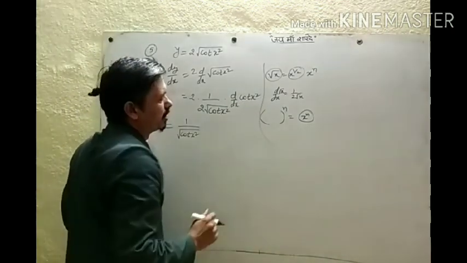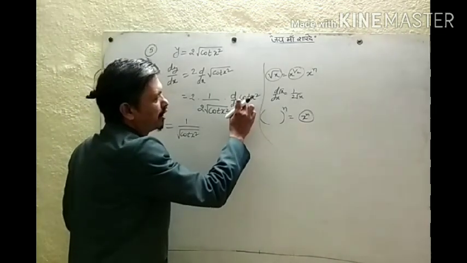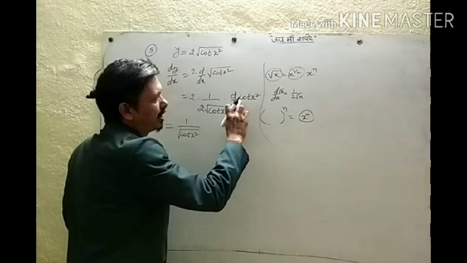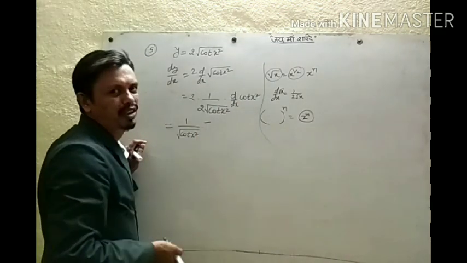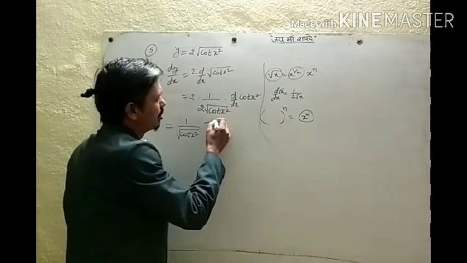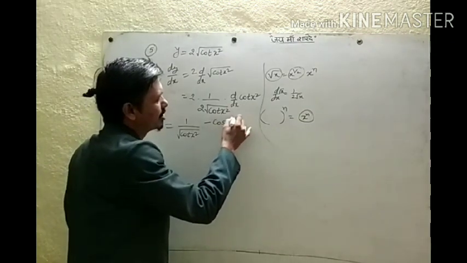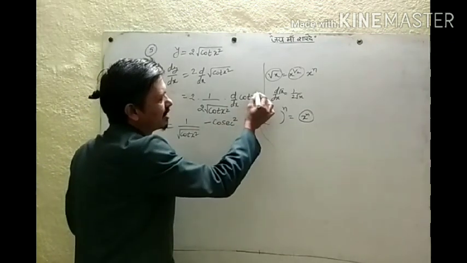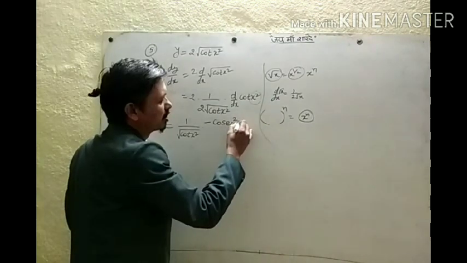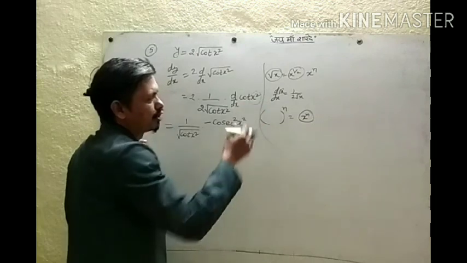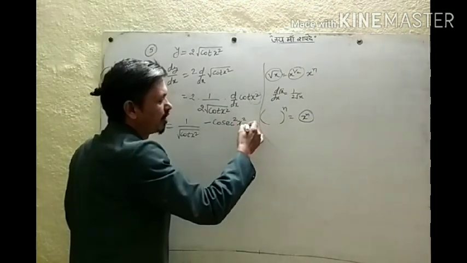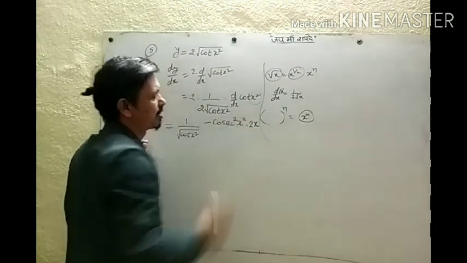cot x square. If we differentiate cot x square, the derivative of cot, since it starts with c, will be negative, and the derivative of cot is cosec square x, and x is x square, so cosec square x square, but it is not actually x, so we will differentiate x square again, so its derivative will be 2x.